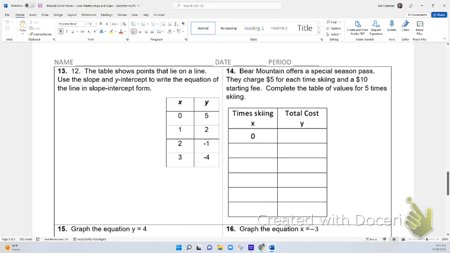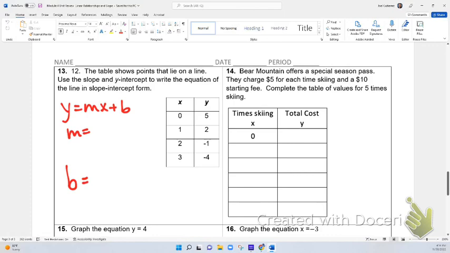For question number 13, it says, the table shows points that lie on a line. Use a slope and y-intercept to write the equation in slope-intercept form. So again, we need to put this in y equals mx plus b. We need to find two things. We need to find the m, and we need to find the b.